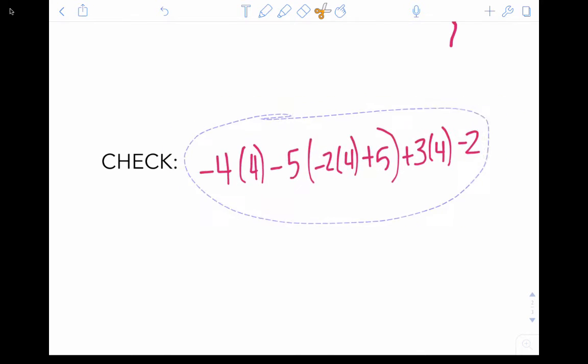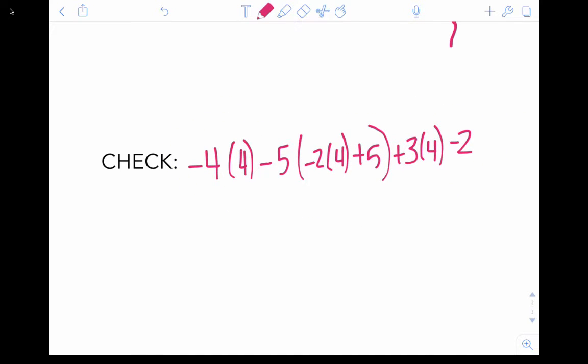So I need to move this just a little bit. And that equals 9. So now I'm just doing my order of operations on the left side of this to see if I get 9.